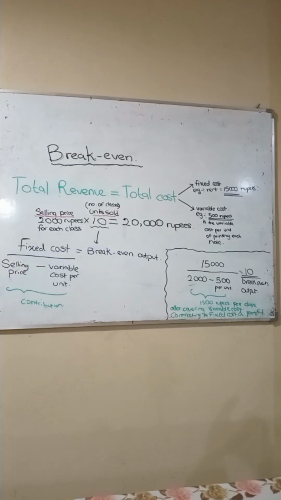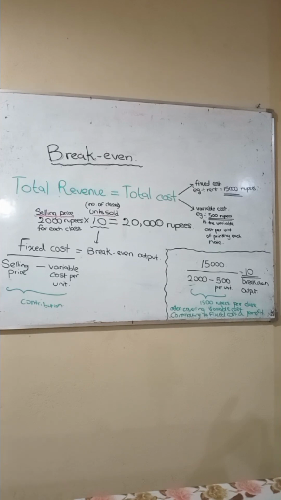I have done the calculation over here. You can clearly see, 15,000 is my fixed cost, which is the rent. Then my selling price of each class is 2000 rupees, and I have to pay my variable cost. So the cost of printing each tube was 500 rupees. When you do the calculation, I got the answer as 10. 10 is the break-even output.